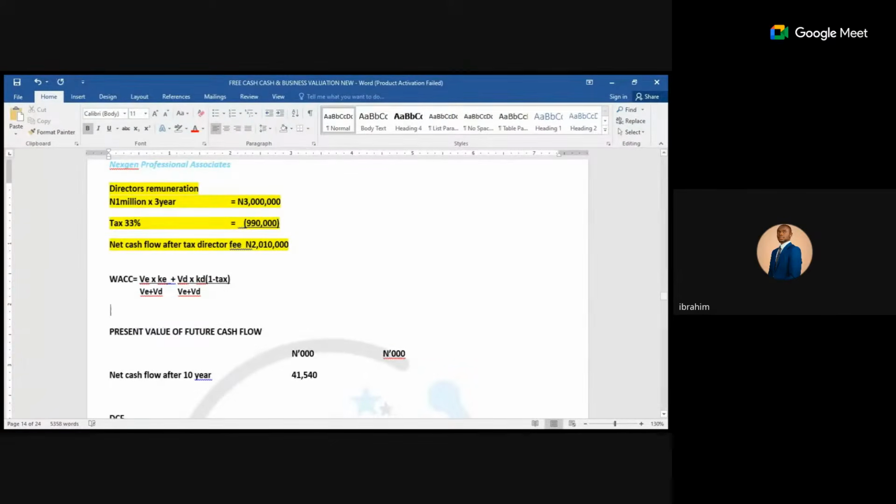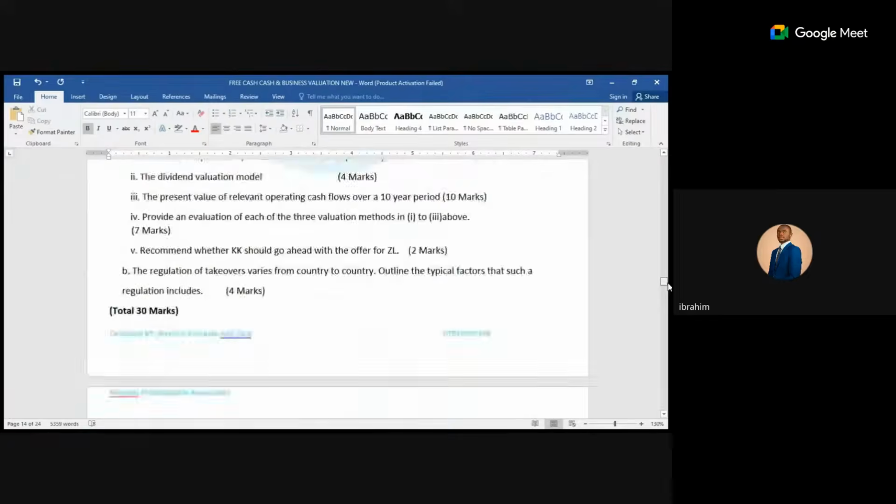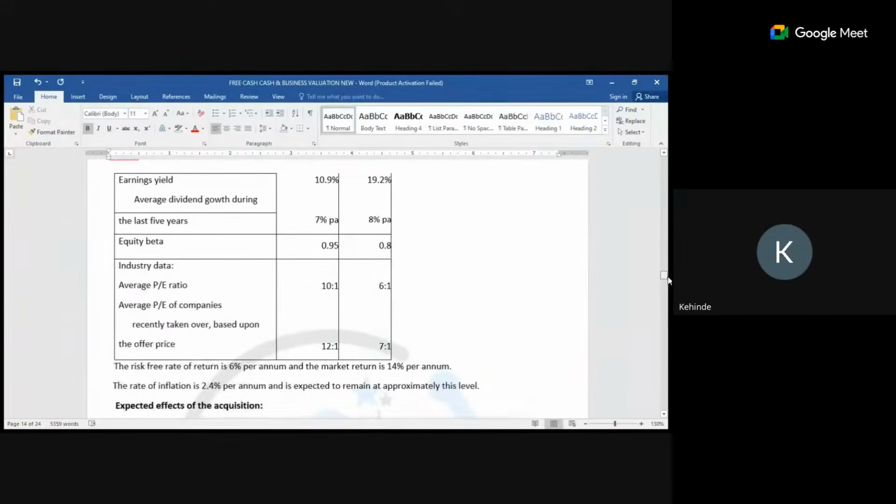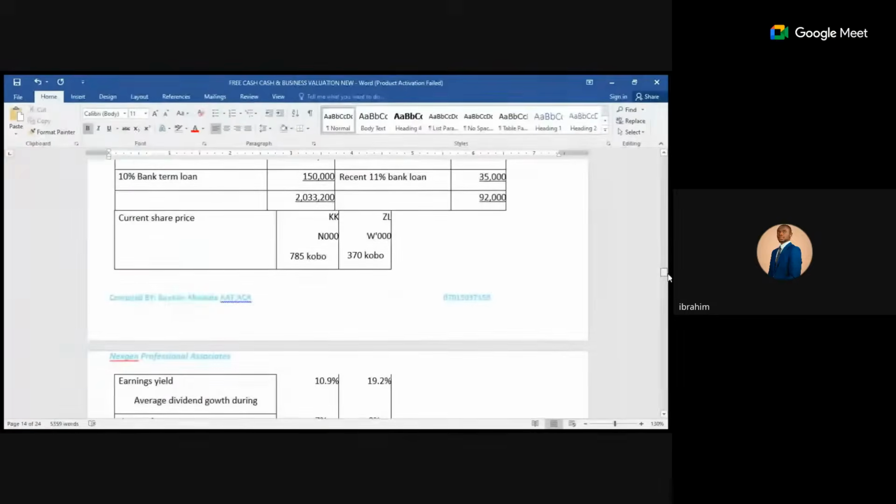So what is our value of equity for the company? Then we have the value of debt. What is the market value of equity? Quickly. That's why it's a compulsory question.